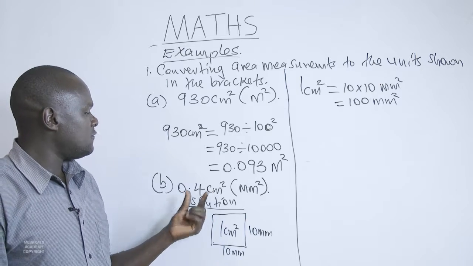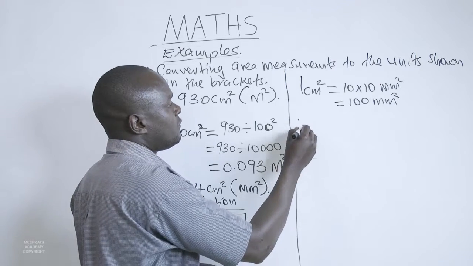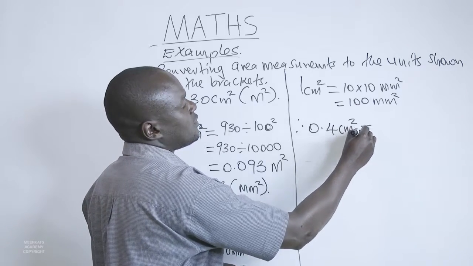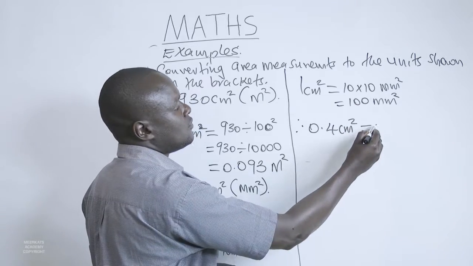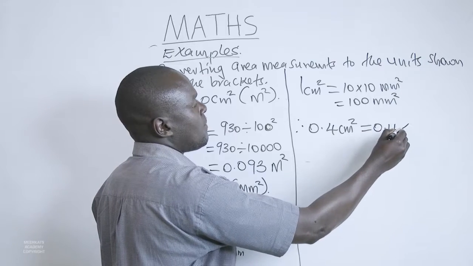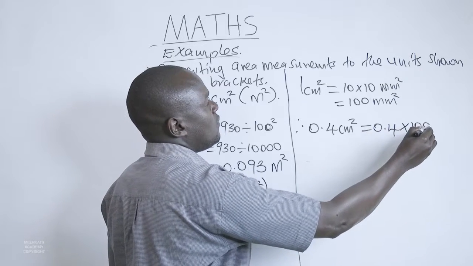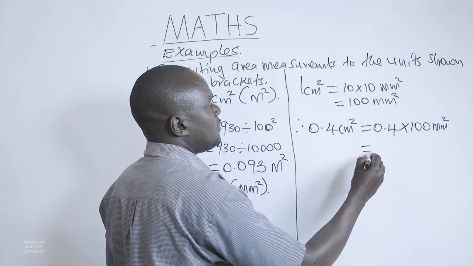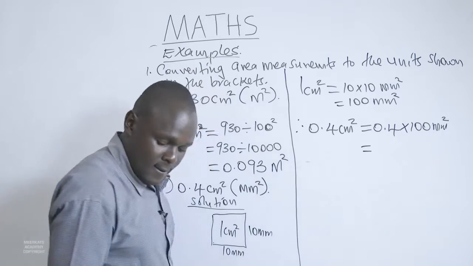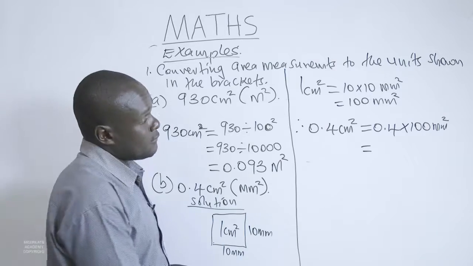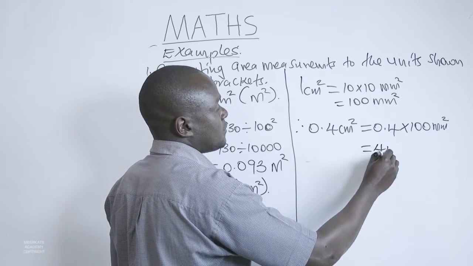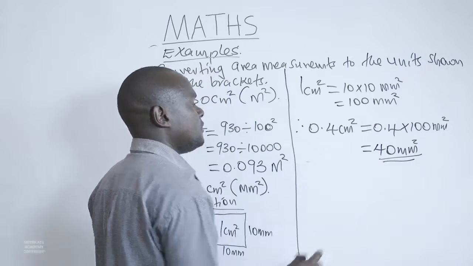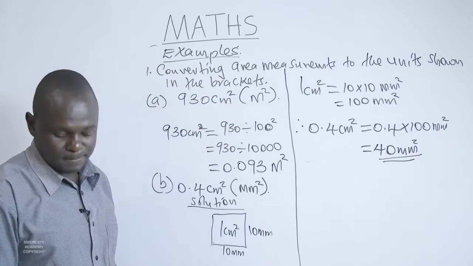So if we have 0.4 square centimeters, this will be 0.4 multiplied by 100 square millimeters, giving us 40 square millimeters as our answer.